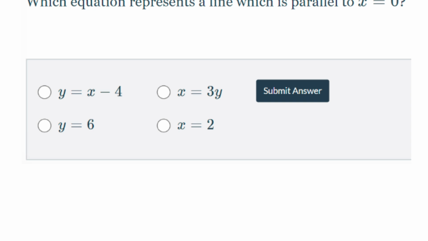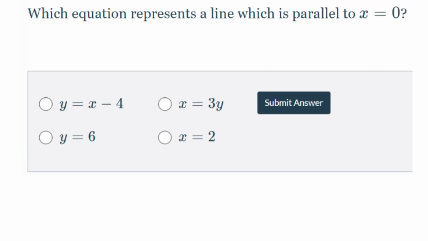This one is actually one of the easier ones when we think about it, but it's also easy to forget because we don't practice this one as much. What we end up with here is where it asks us to find the line that is parallel to x equal to 0. Well, if we think about what x equal to anything is, we need to first draw our coordinate plane.